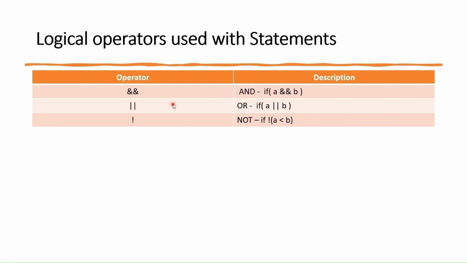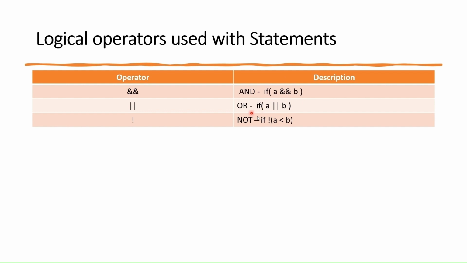In Java, we have another type of operators called logical operators. We have three of them: and, or, and not. The sign of and is double ampersand, or is double pipe, and not is the exclamation mark. For and, when we use expression 1 and expression 2, in order to evaluate to true, both of the expressions must be true.